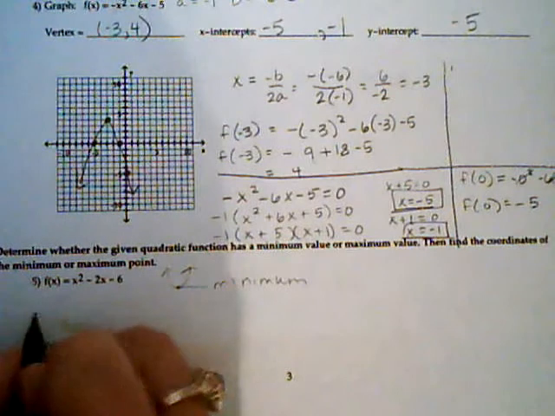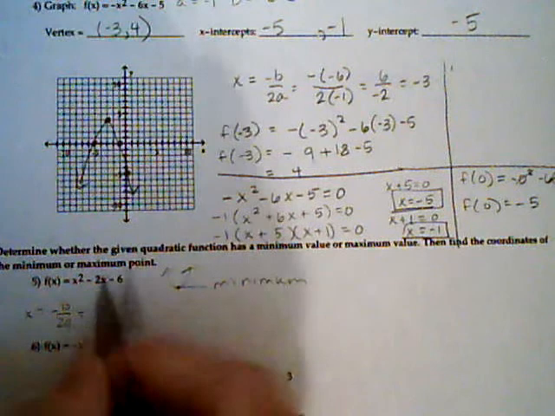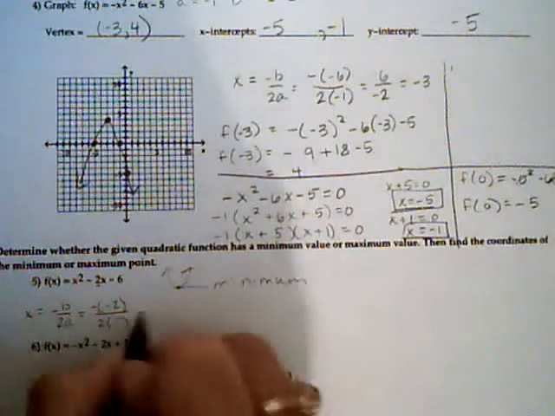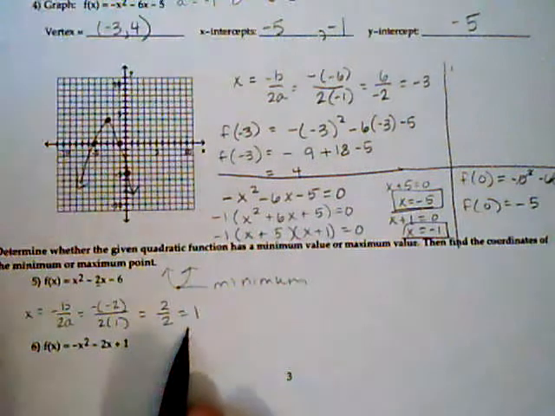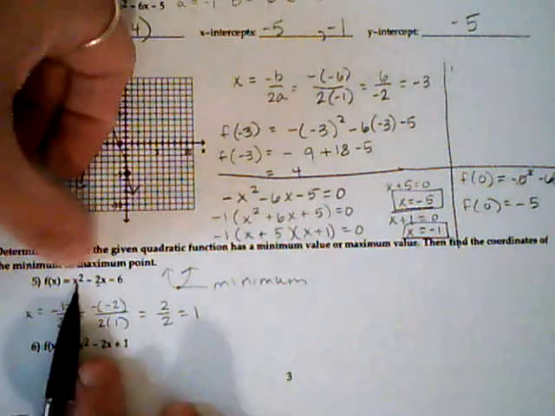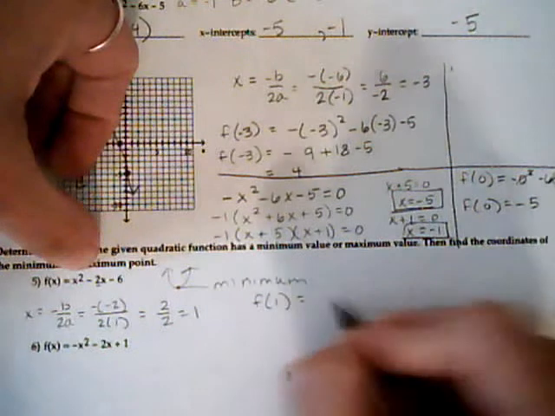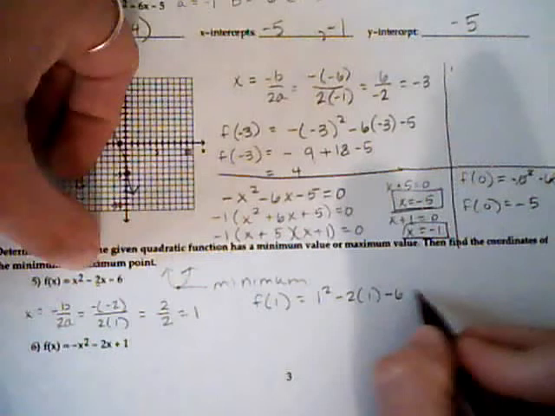So I can use the formula x equals negative b over 2a. My b value is negative 2. My a value is 1, so I would get 2 over 2, which is 1. And then I would need to substitute 1 in the place of x. So I find f at 1 would be 1 squared minus 2 times 1 minus 6.